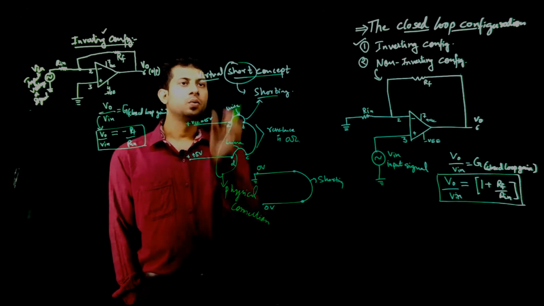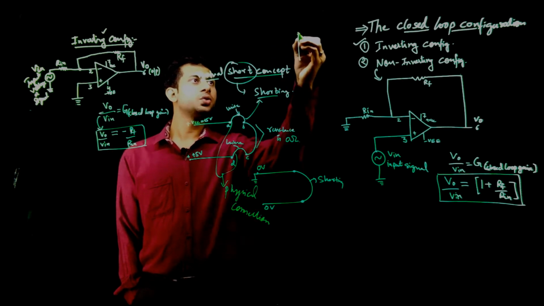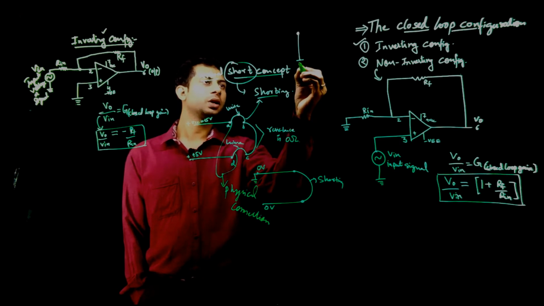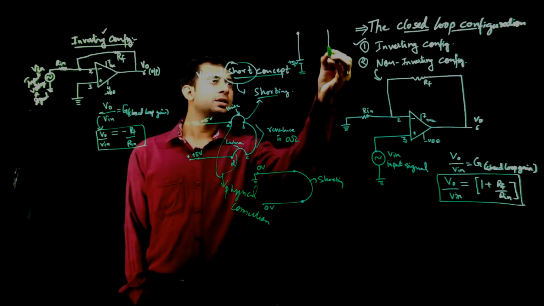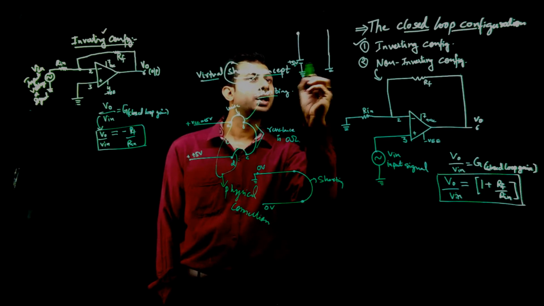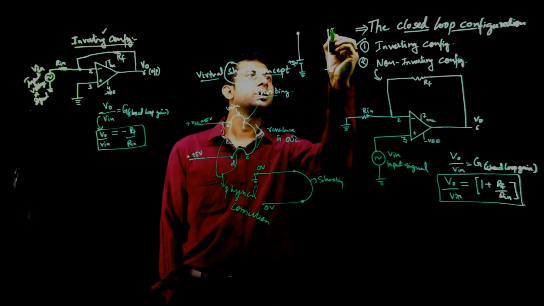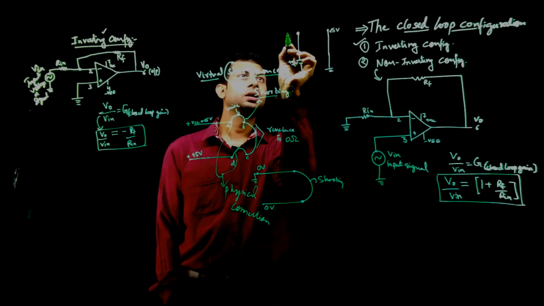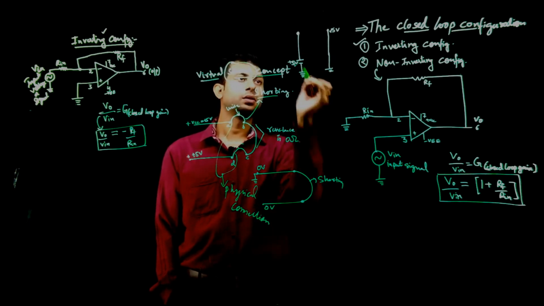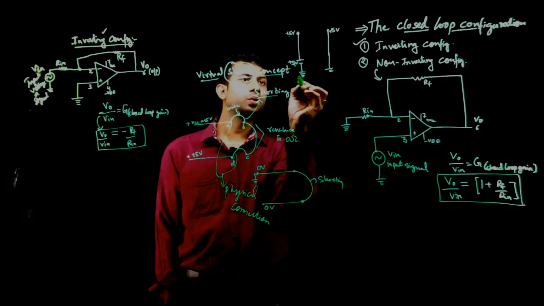But in virtual short, if we have these two terminals, suppose here we have applied a plus 5 volt battery, and there is another wire without any connection, still this point also gets 5 volt. When we have this battery in this loop, we get plus 5 volt with respect to ground.